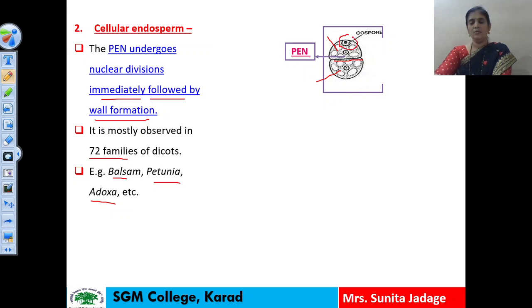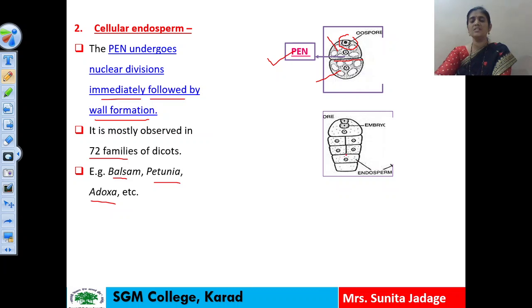Later, these two cells divide into a number of cells, and all the cells show cell wall formation immediately. About 6 to 7 cells are formed, and all the endosperm which is developed shows cell wall formation, and hence it is called a cellular endosperm.